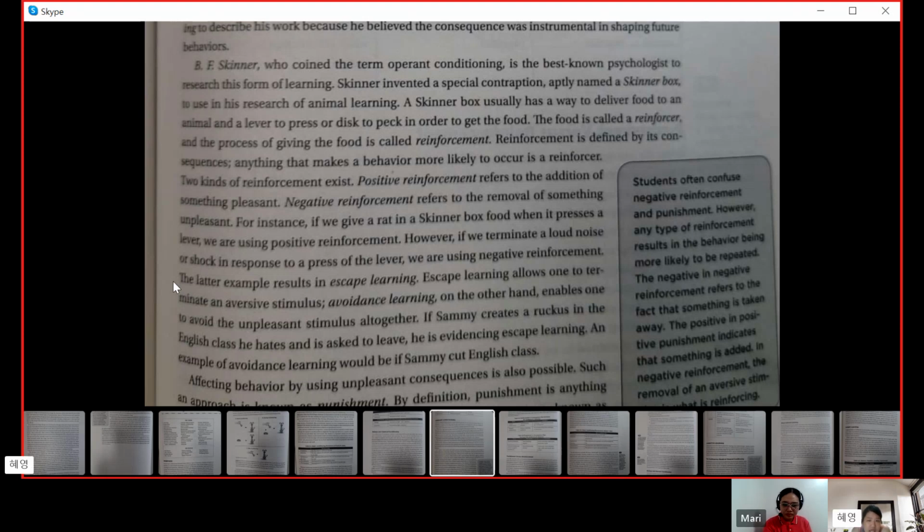If Sammy creates a ruckus in the English class he hates and is asked to leave, he is evidencing escape learning. An example of avoidance learning would be if Sammy cut English class.